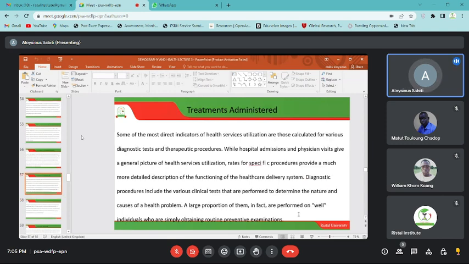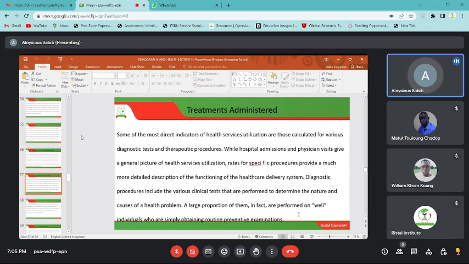Another indicator of measurement of formal healthcare utilization or healthcare behavior is what we call treatments administered. Some of the most direct indicators of health service utilization are those calculated for various diagnostic tests and therapeutic procedures. So when an individual is admitted and visits a physician, it gives us the behavior that an individual is having a health behavior of visiting healthcare.